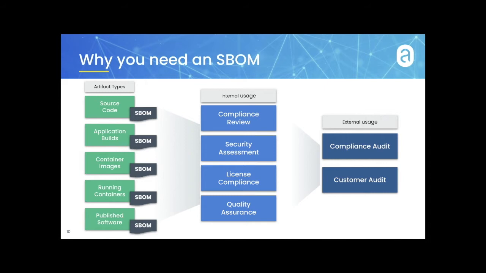The first general category of usage is for internal cases. Compliance review is definitely something that organizations will use SBOMs for. That's for some of the typical compliance standards, PCI and HIPAA and other types of NIST standards. Every so often, an organization might have a compliance team that comes in and needs to do a review.